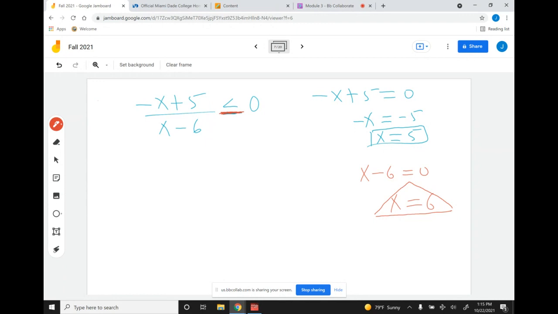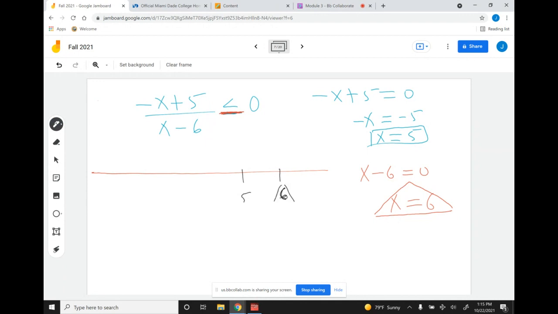Okay, so here I go. I'm going to use 6 and 5. Too close to comfort, but it's okay. So here's the 6. Here's the 5.